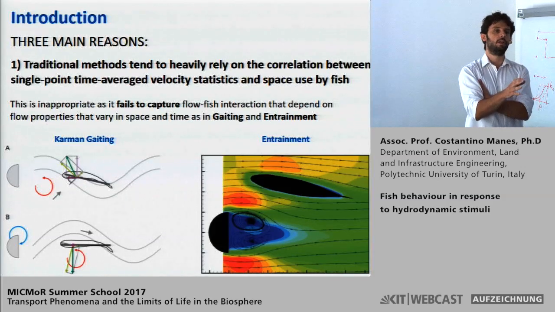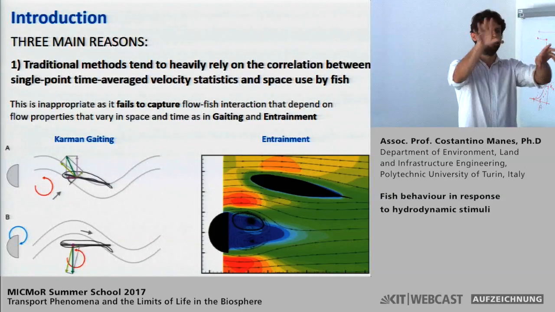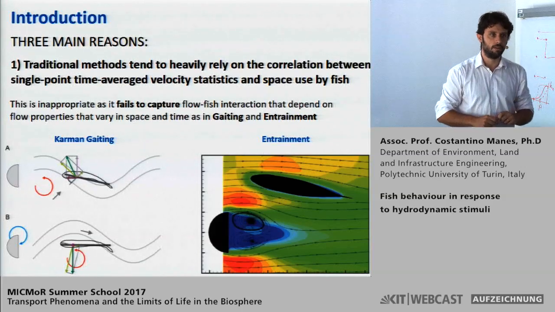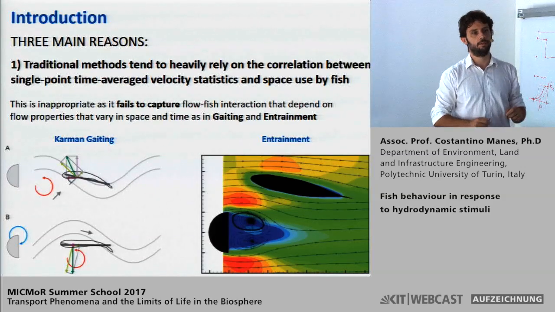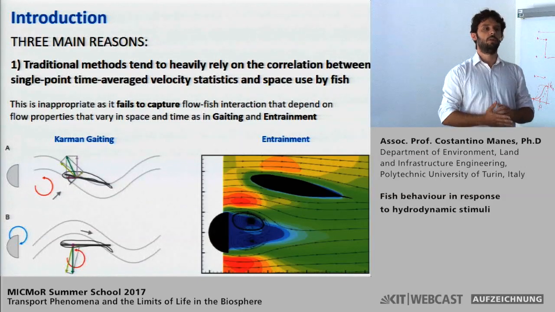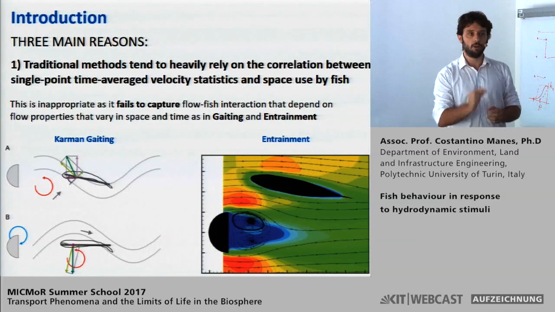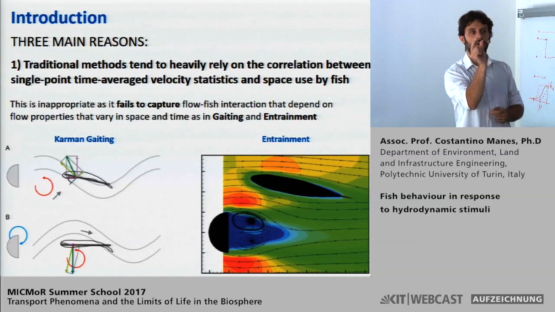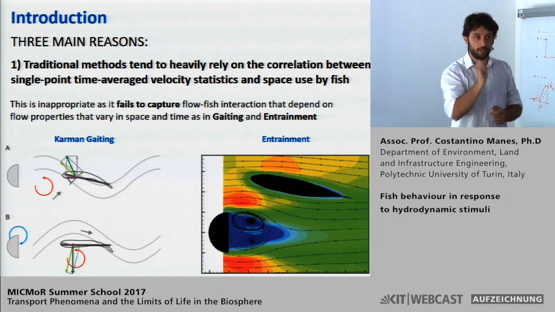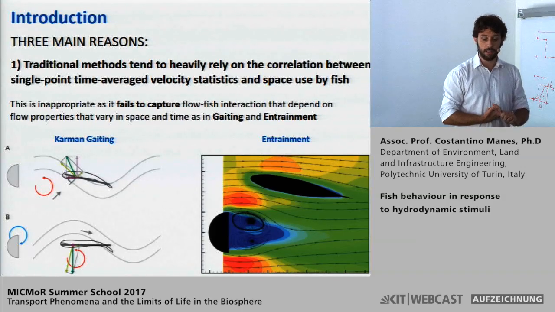Traditionally, you do experiments in a flume: you put some rocks or other sources of complexity for the hydrodynamics, then you put the fish inside the flume and you monitor with a camera where the fish goes. You see what sort of preference they have for different places, and you correlate where the fish stays longer with a hydrodynamic metric of that place. And they use time average single point velocity statistics.